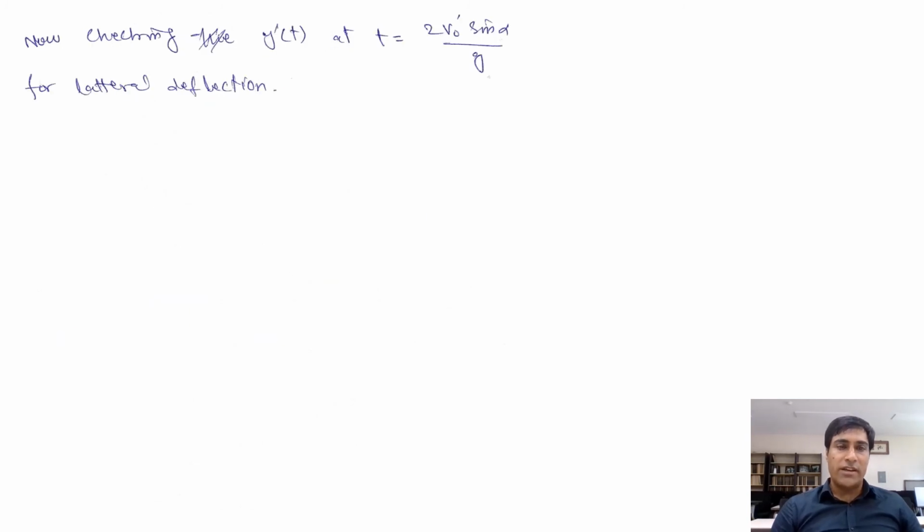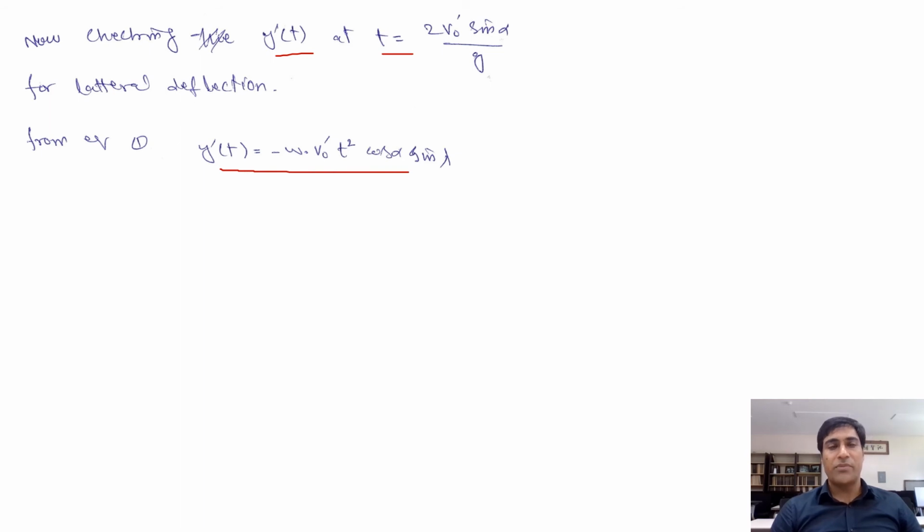Now checking y dash t at this value of t for the lateral direction from equation 1. Equation 1 says y dash t equals minus omega v naught dash t square cos alpha sine lambda.